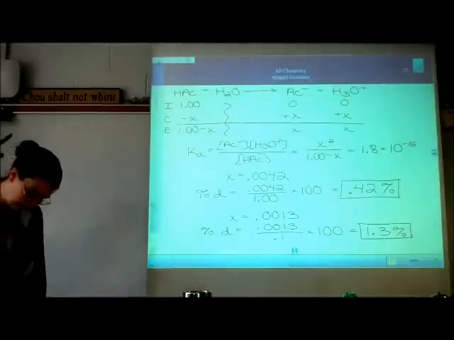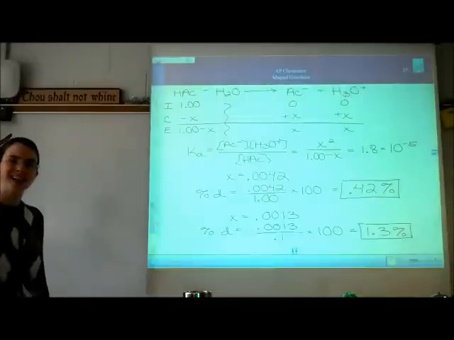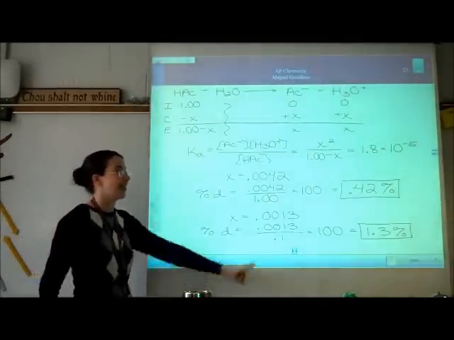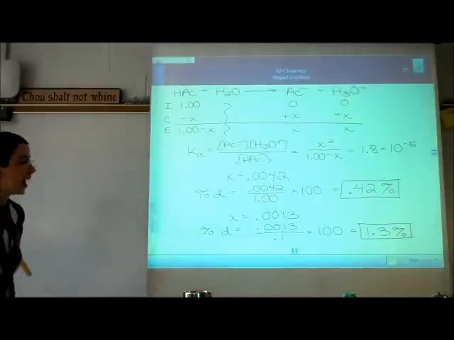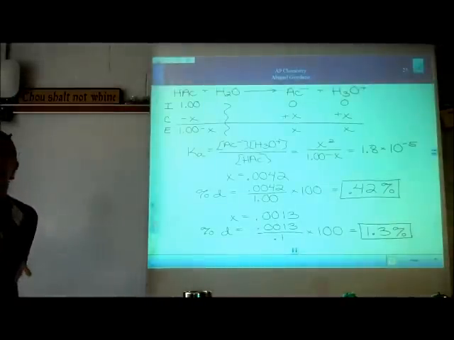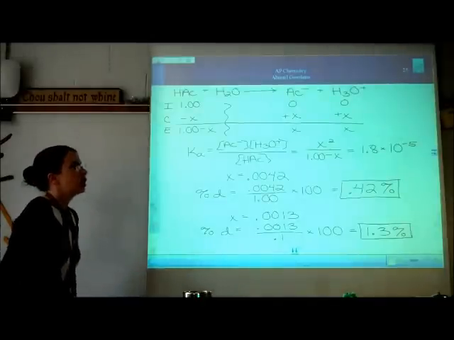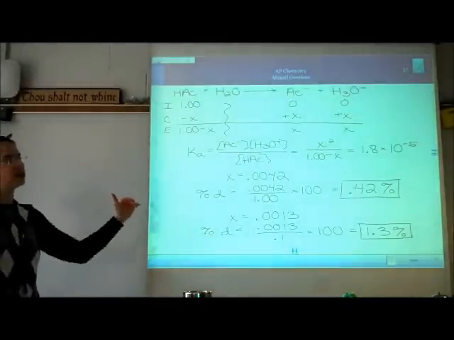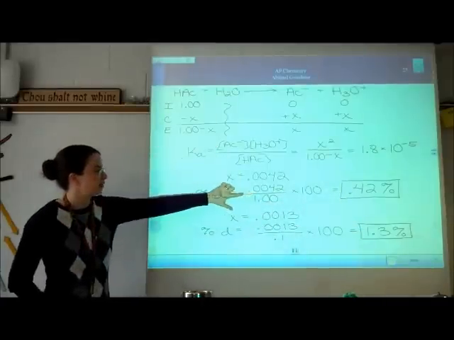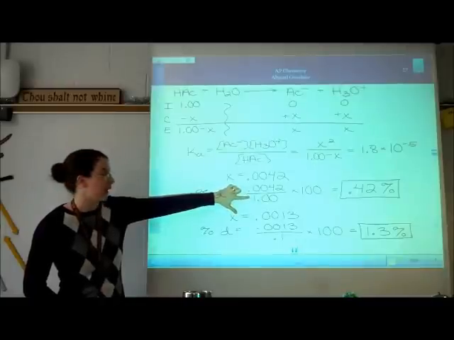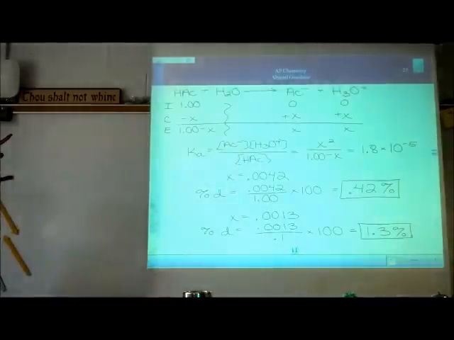It says, for a weak acid, percent dissociation increases as an acid becomes more dilute. Okay, let me say it again. For a weak acid, your percent dissociation will increase as the concentration of that acid becomes more dilute.